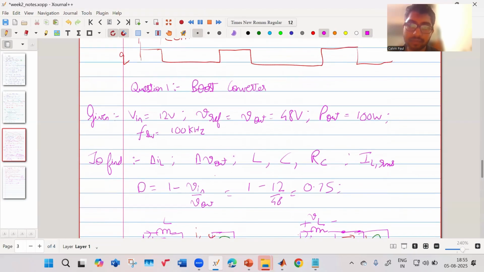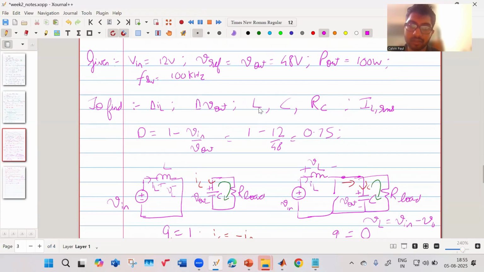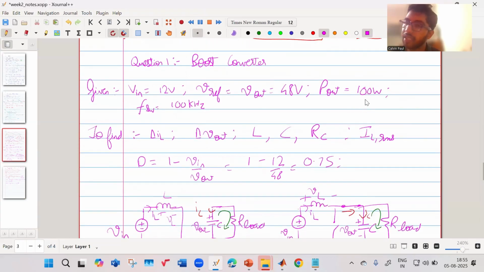100 watts by 48 volt. Yes. Output power is given 100 watt. Okay. So output power is what? Output voltage into my output current. So my output current is actually P out by V out. That is 100 by 48 ampere.